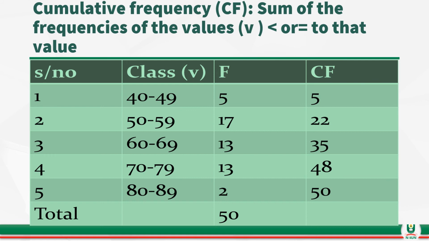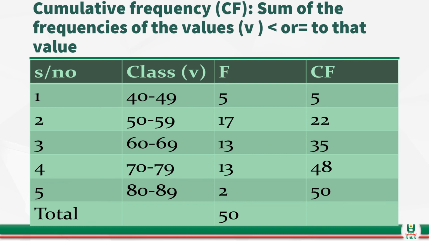And this is the corresponding number of people, or frequency, that falls within this class. The lowest class number is 40 and the highest class number is 89, and you can see the class interval, 40 to 49, 50 to 59, an interval of 10 at each of the classes. So now, how do we calculate the cumulative frequency?